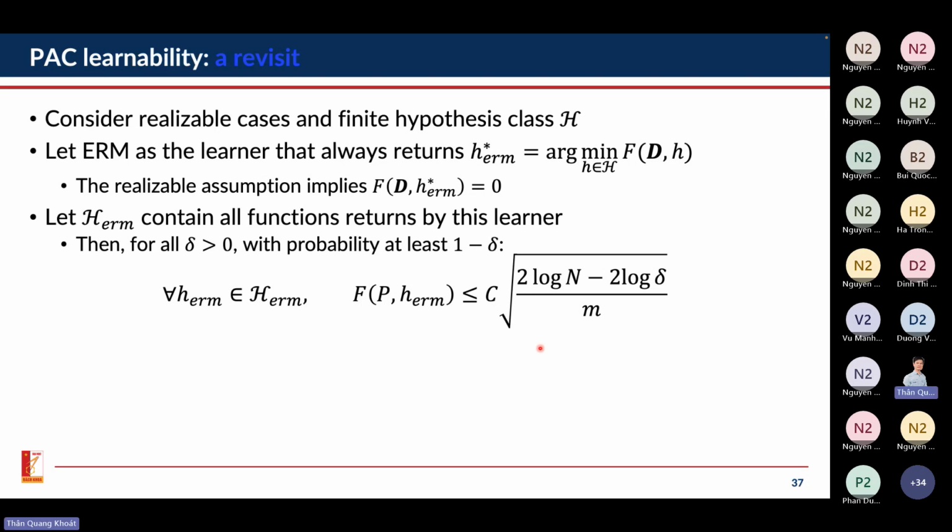And of course, you can see that when the training size increases, this should go to zero. And it means that the ERM algorithm can be very excellent, right? It can produce a model with zero error.